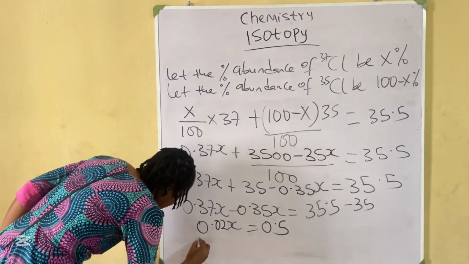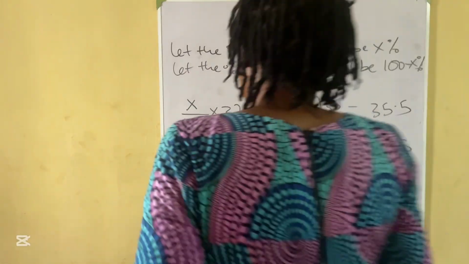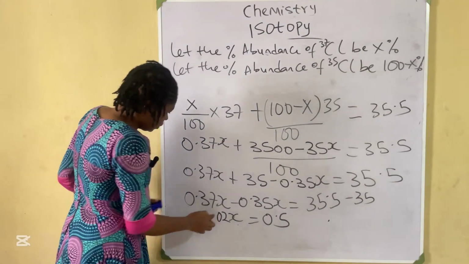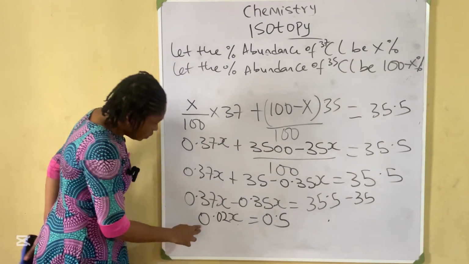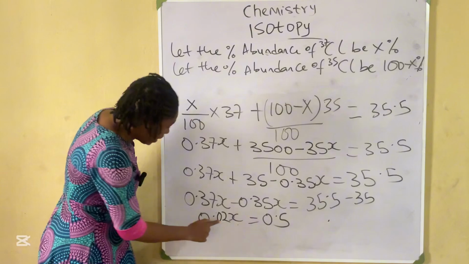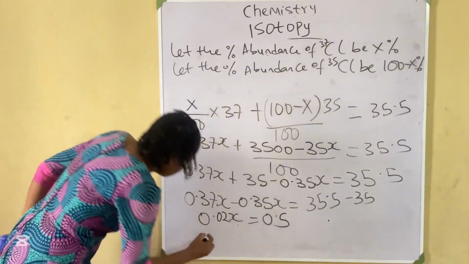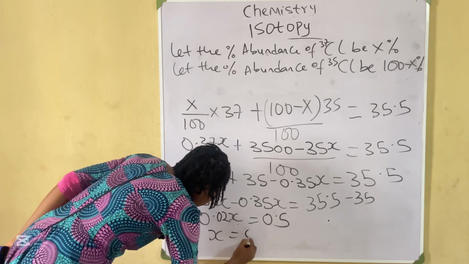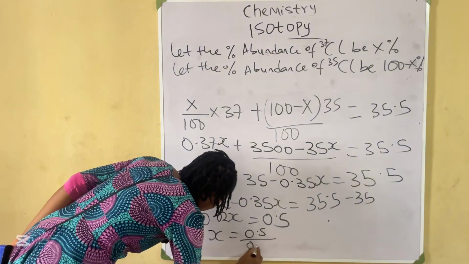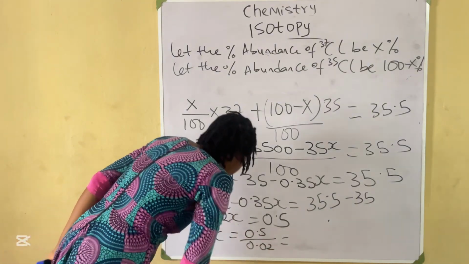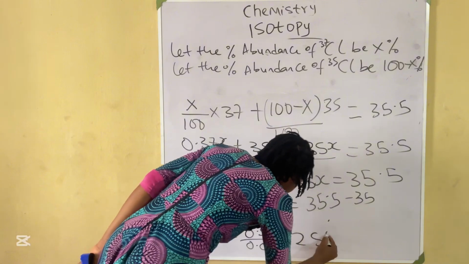So what's x? If you want to find x, you divide both sides by 0.02. So x is what? 0.5 over 0.02, which will give us what? 25%.